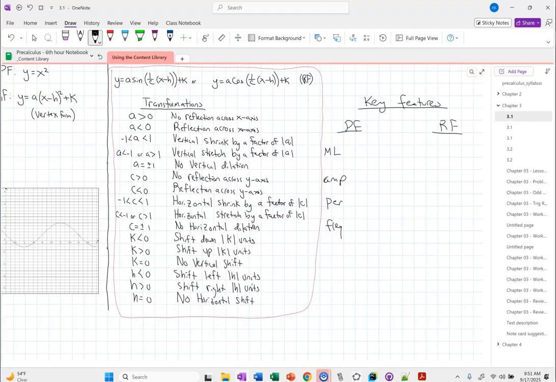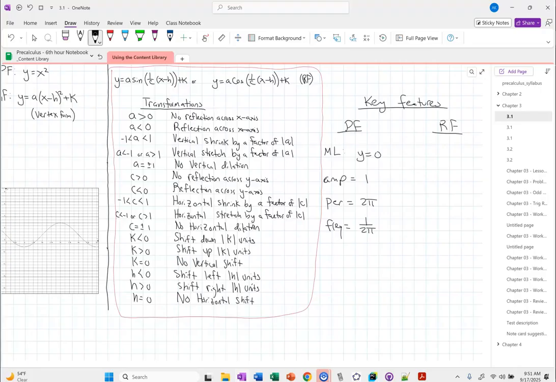So just as a reminder, when we looked at our parent function, this is what we read off when I looked at the key features on sine, right?